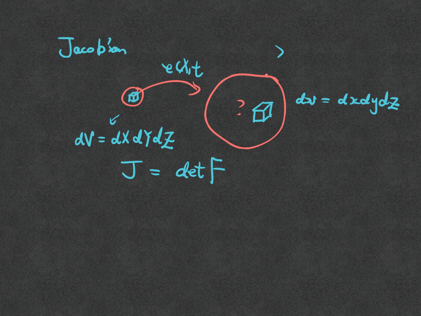You can calculate the determinant by computing F11, F12, and so on, but what is the other simpler way to compute the determinant? It actually equals the product of the three eigenvalues of the deformation gradient F, right? So why would that relate to the volume?